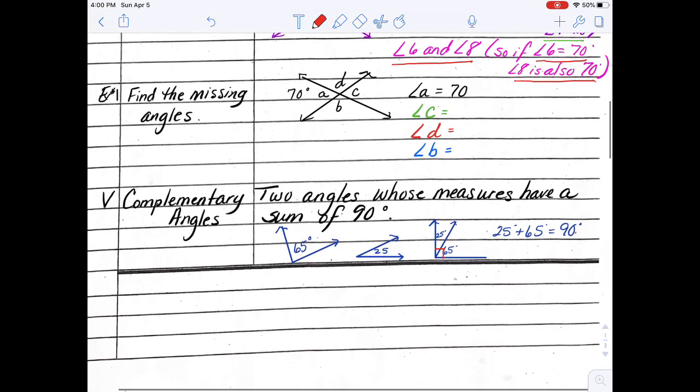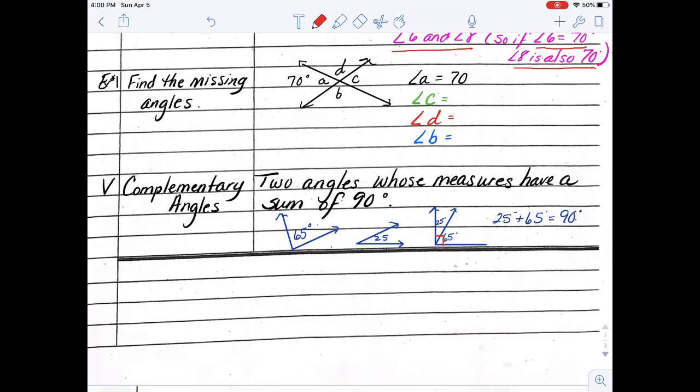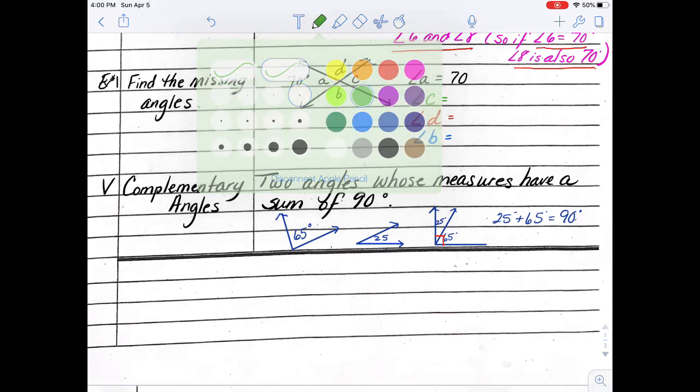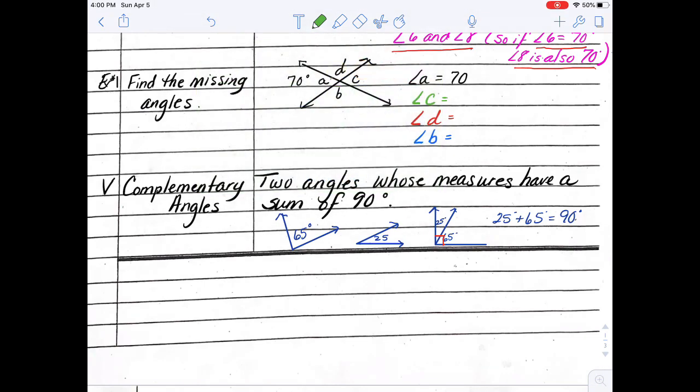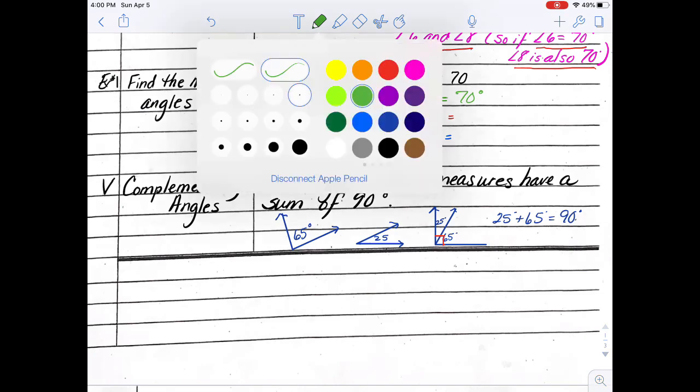So looking at this example here, I'm trying to find the missing angles. I already told you that A was 70 degrees. I gave it to you. And if you look at it, you know vertical angles are the same. So if A is 70, the vertical angle right here, angle C, is also going to have to be 70 degrees. Now, I know that D and B are vertical, but I don't know what D is.